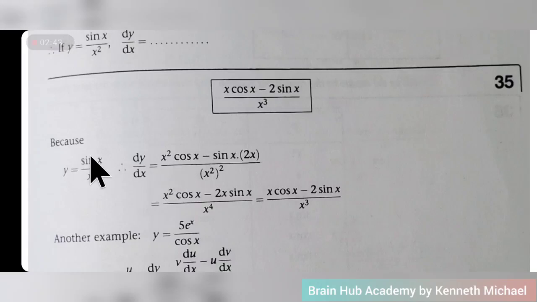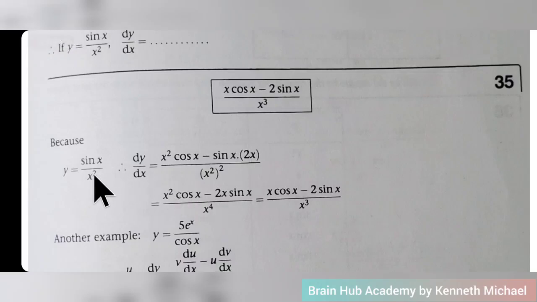If you differentiate u, differentiation of sine s is cos s. Then minus, this time around, keep your u, differentiate your v. So we keep u as sine s. Then we differentiate our v, which is s raised to power 2, which will turn to 2s, all over v square.